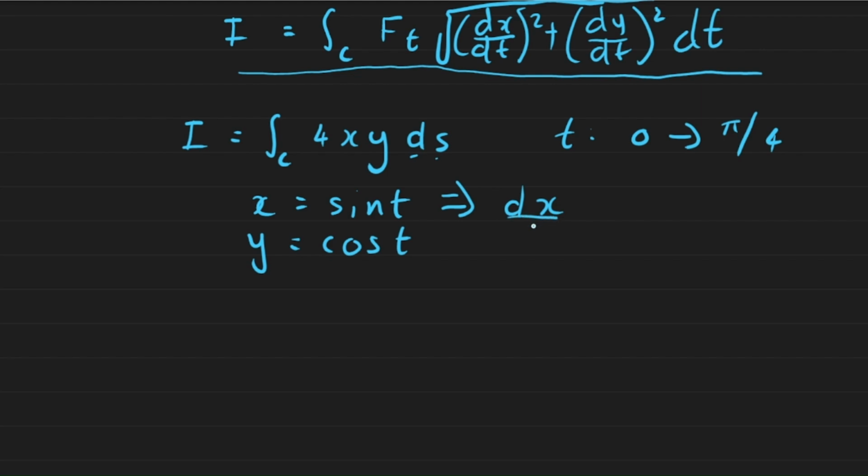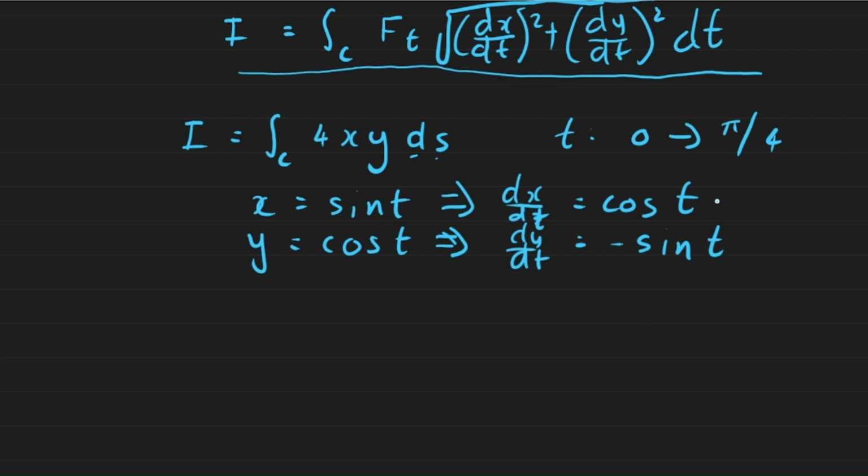Dx dt is equal to cos t, the derivative of sine is cos. Similarly, the derivative of y, so dy dt, is equal to minus sine t. The derivative of cos is minus sine.